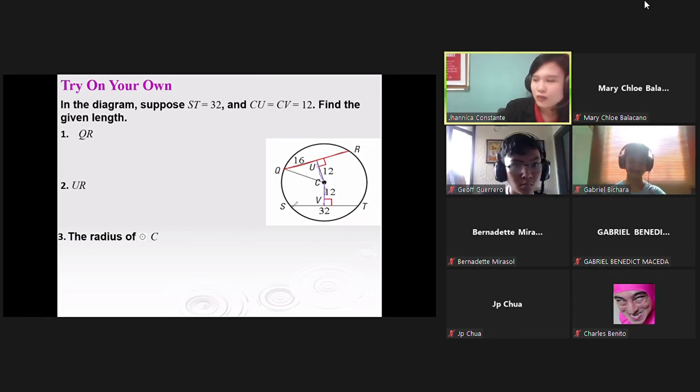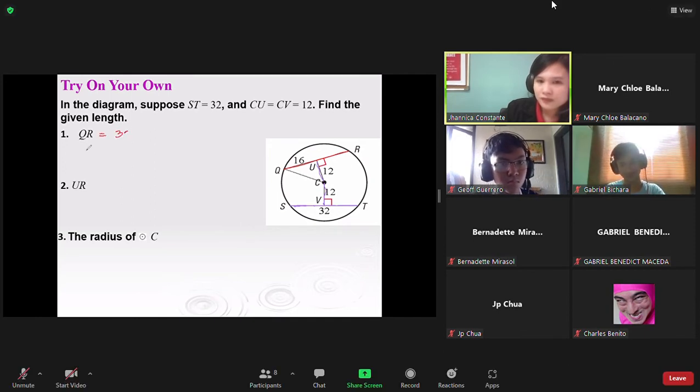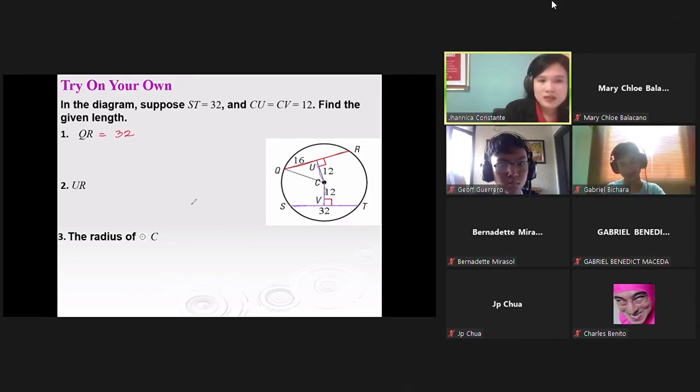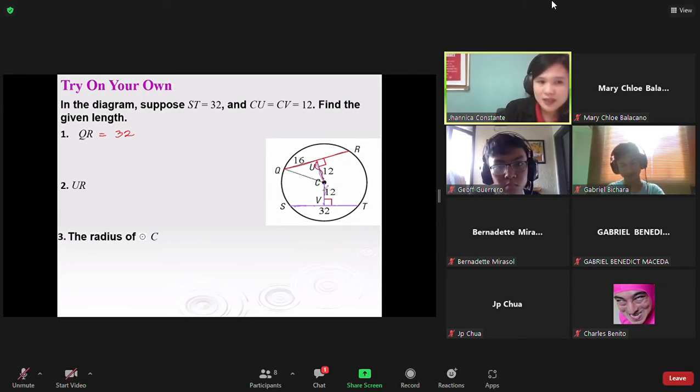So kung si chord ST is equal to 32, that means chord QR is also equal to 32, since equidistant ang dalawang chord from the center. They have the same distance from the center, which is 12. So the measurement of the two chords is the same.